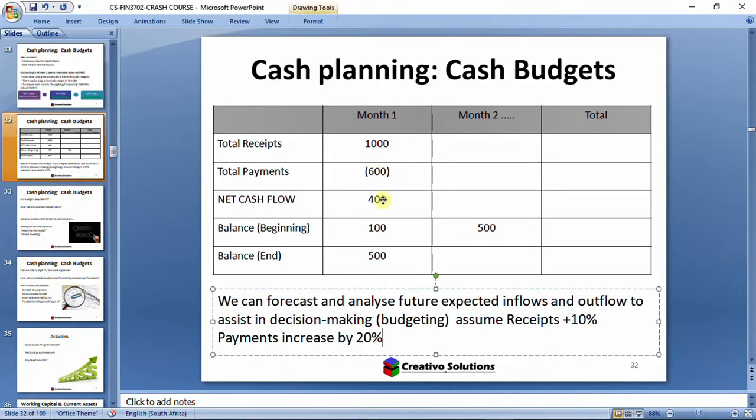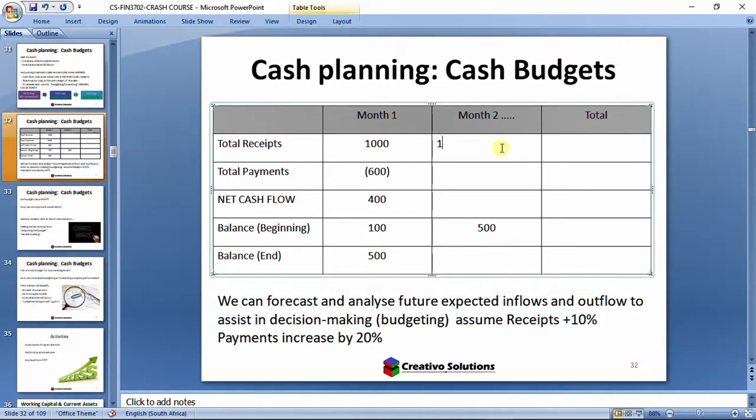All right, so let's see how good your maths is. Can you increase your receipts by 10%? What would the receipts be in month 2? 1,100. Good. Can you increase your payments or your disbursements by 20%?